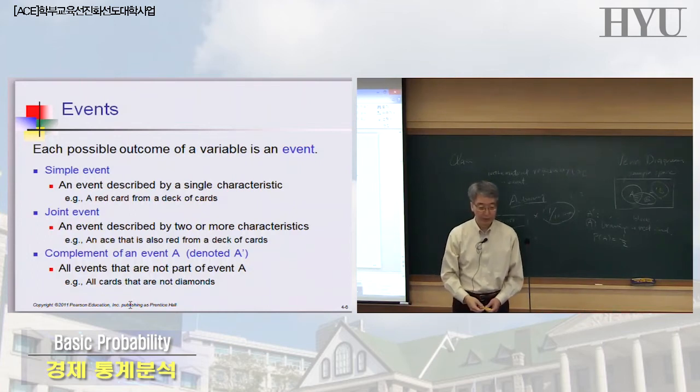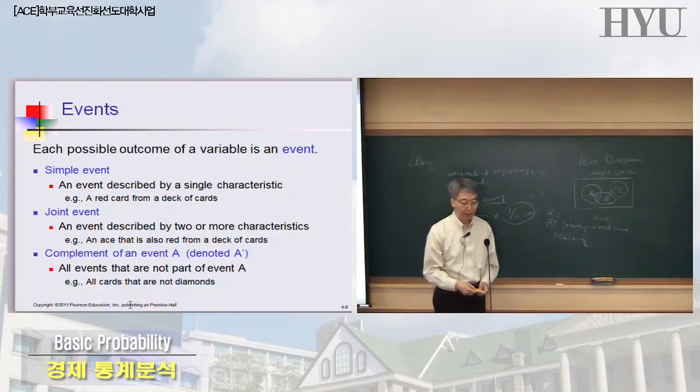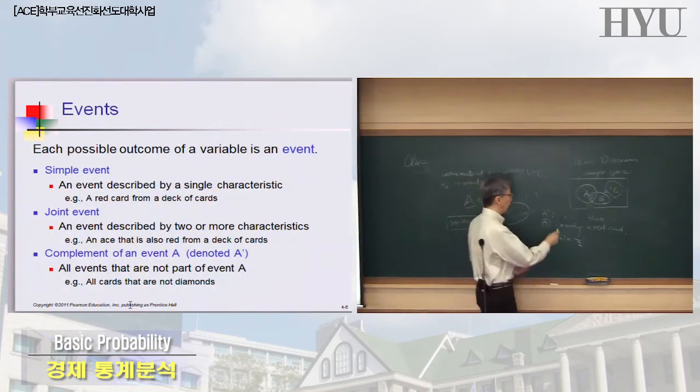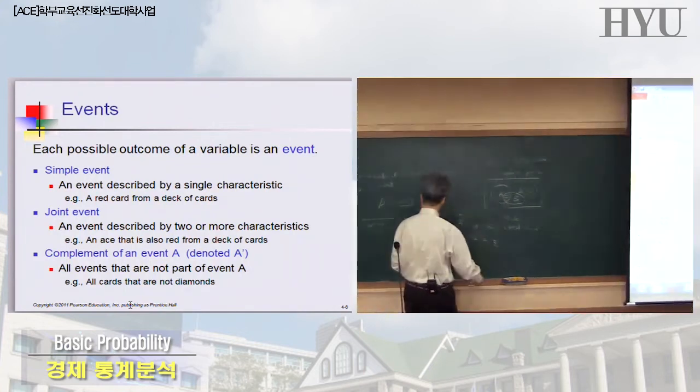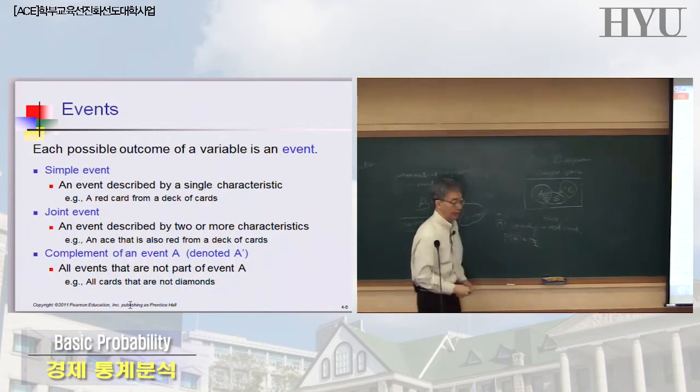What will be the common card? Well, this A is red. The entire A is red, but some of them are also ace.